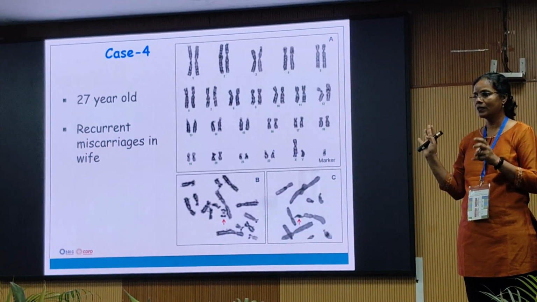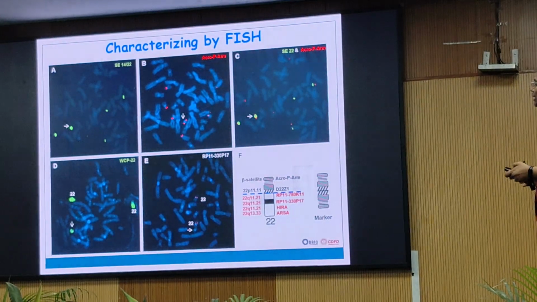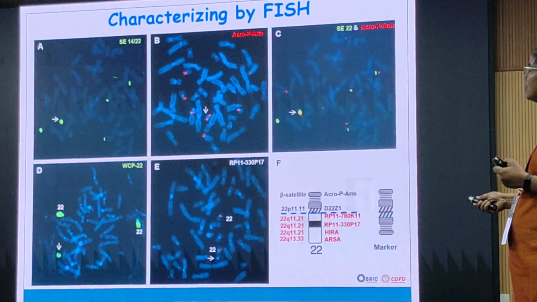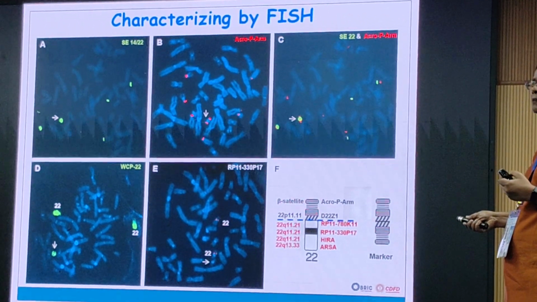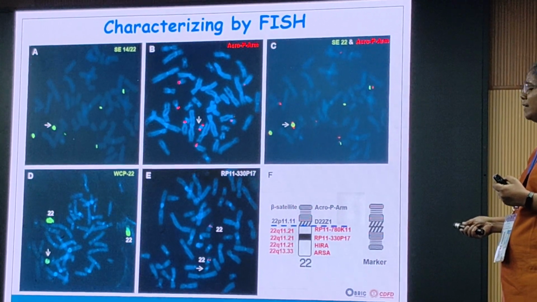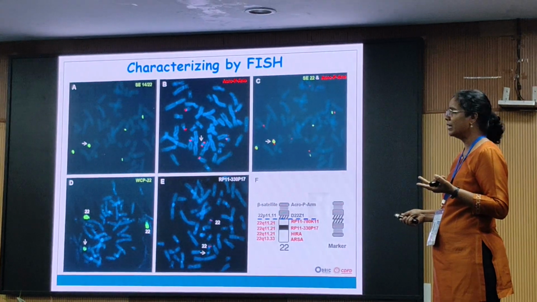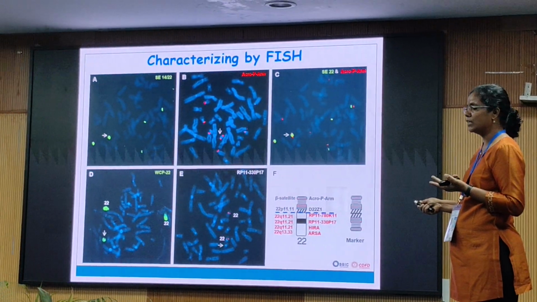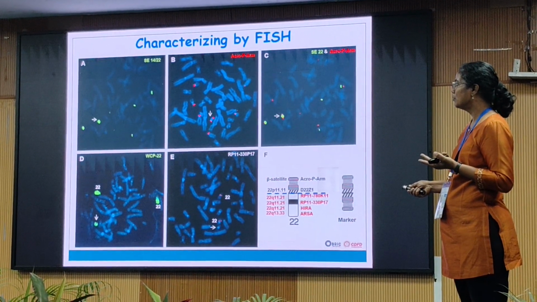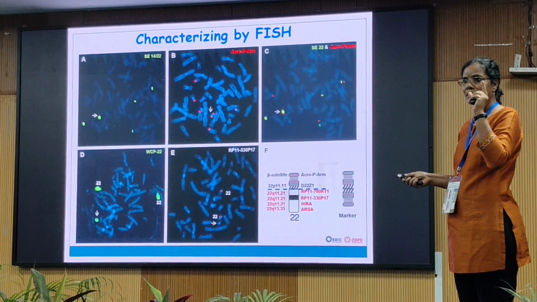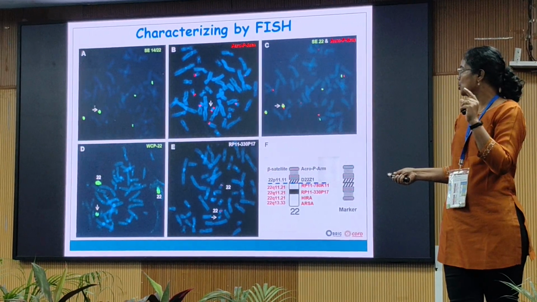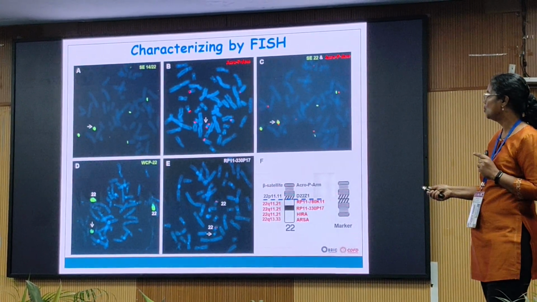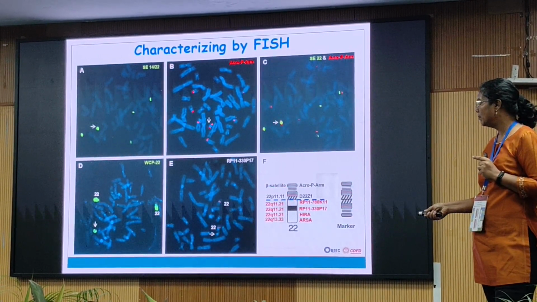Then further we have done FISH in this case. We have used some centromeres. Luckily, the first thing we have done is we had a centromere probe common to 14 and 22, and when we did the FISH, we saw that particular marker showed a very big signal of chromosome 22, and this we have supported by WCP FISH.